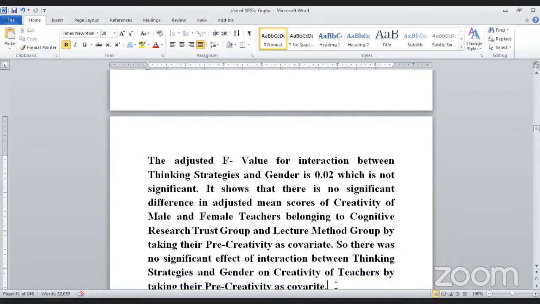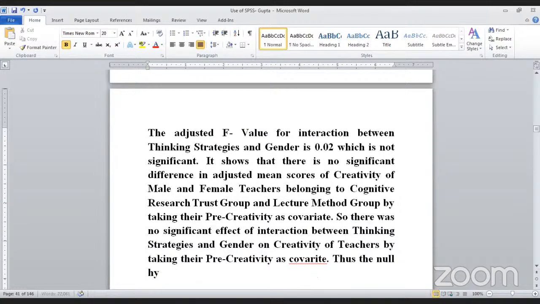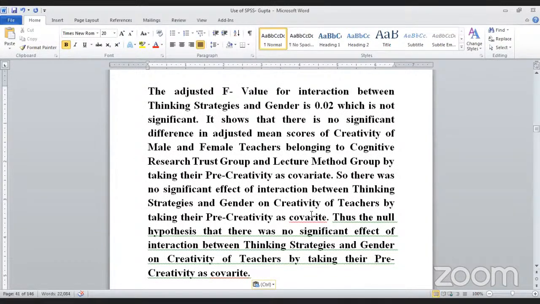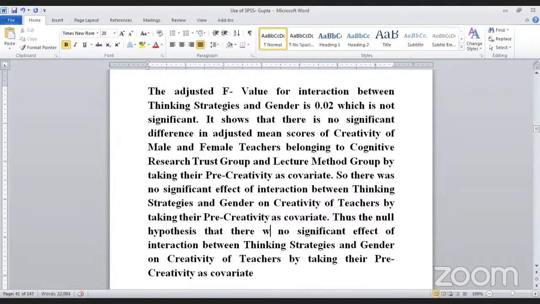Thus, the null hypothesis that there is no significant effect of interaction between thinking strategies and gender on creativity of teachers by taking their pre-creativity as covariate is not rejected.